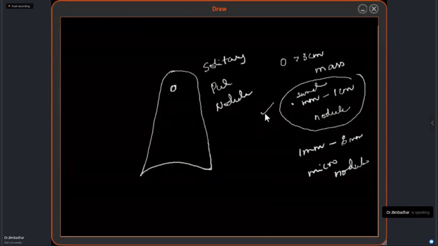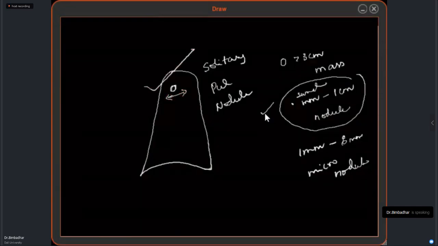And now, how can you differentiate between a solitary pulmonary nodule and a mass? Actually, it's the size itself. You measure the size, and if it is greater than 3 centimeters, yes, you call it a mass. And if it is less than 3 centimeters, you generally call it a solitary pulmonary nodule.